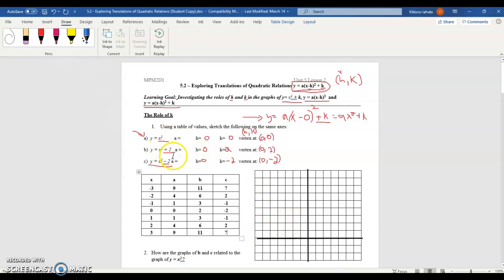So how did +2 change my x squared? How did -2 change the x squared? We'll start off by drawing the x squared. We can go up by units of 1, so that should work just fine. So we have 1, 2, 3, 4, 5, 6, 7, 8, 9.